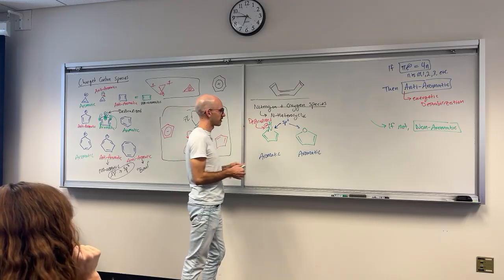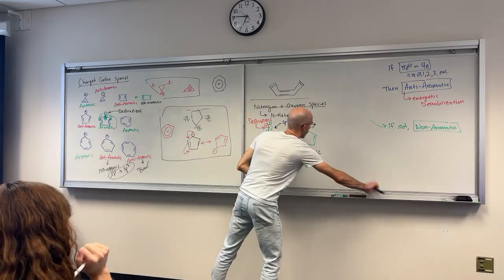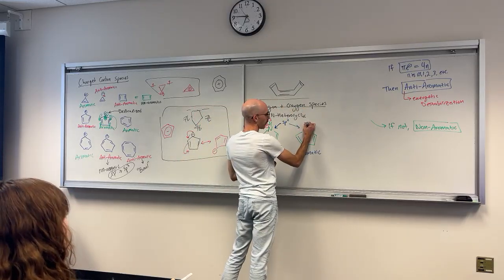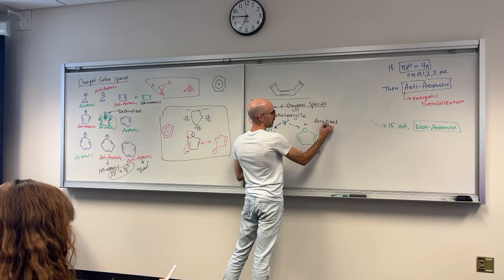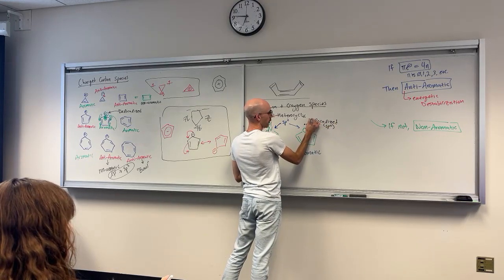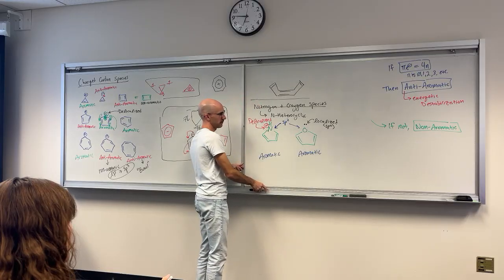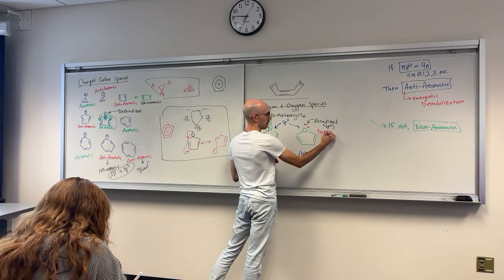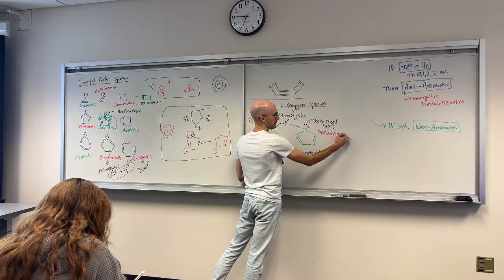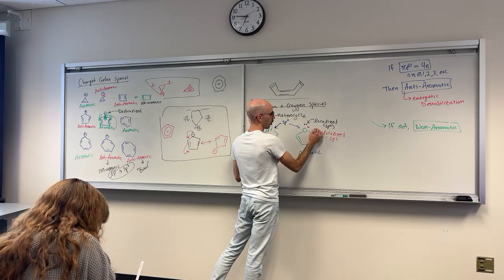One of the lone pairs. You guys are getting it. I'm going to draw that in here in black. One of the lone pairs is localized in an sp2 orbital. Where is the other one? Delocalized in a p orbital.